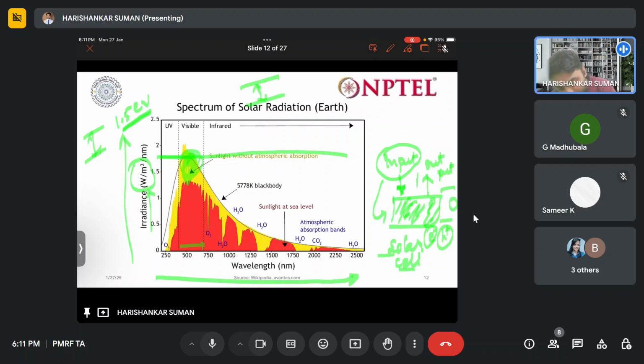The material has a band gap of 1.6 and the energy incident on it is 1.5 eV. Is this useful for this band gap material or not? Can this material absorb or not? Anyone, please?